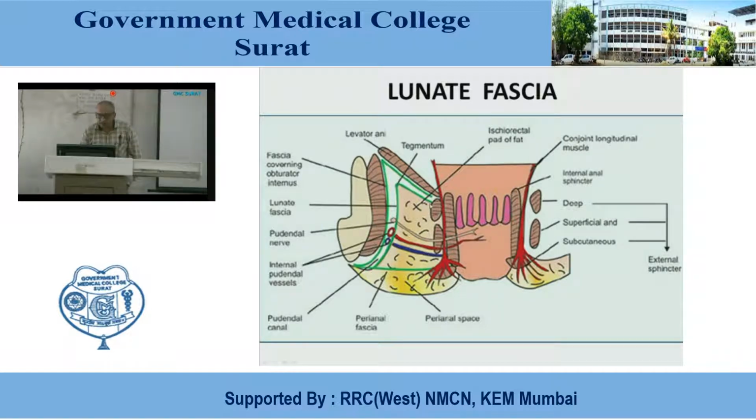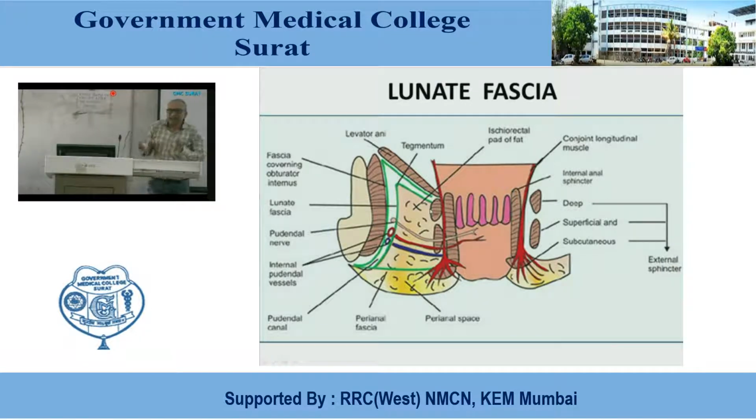Now here one can see one more green colored line that extends into the deeper aspect of the fossa, and that is in relation with this obturator fascia as well as this anal fascia. So this fascial disposition within the ischiorectal fossa is known as the lunate fascia.